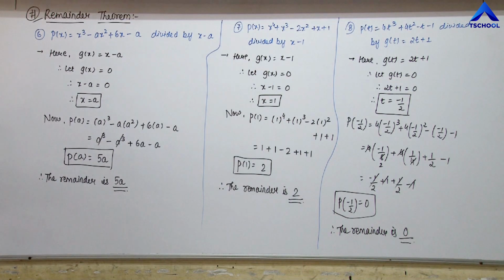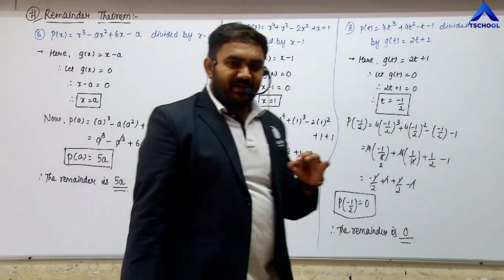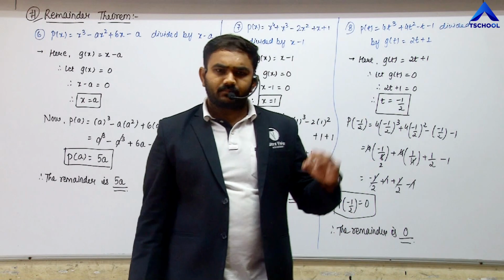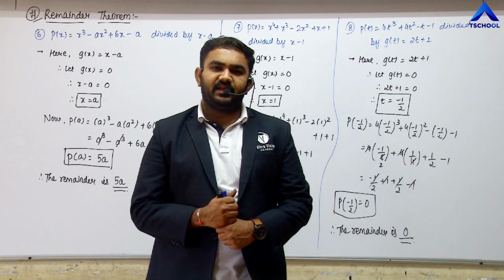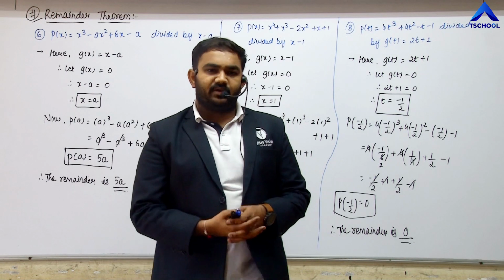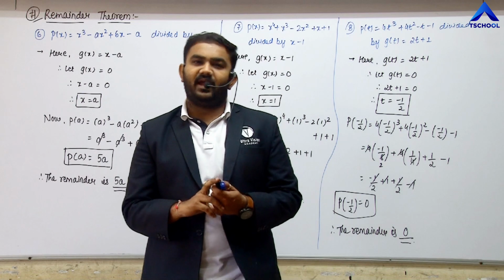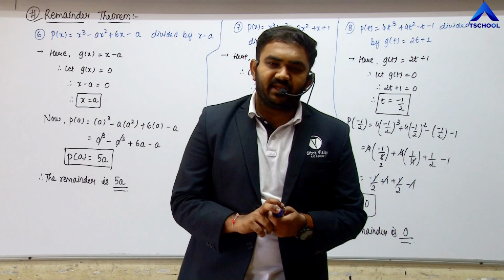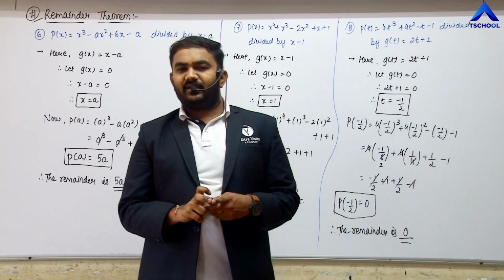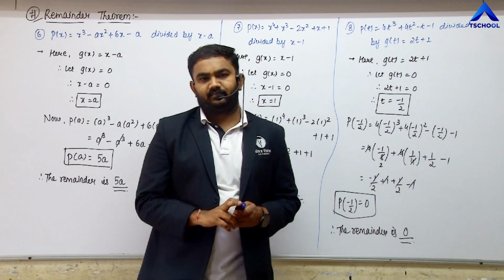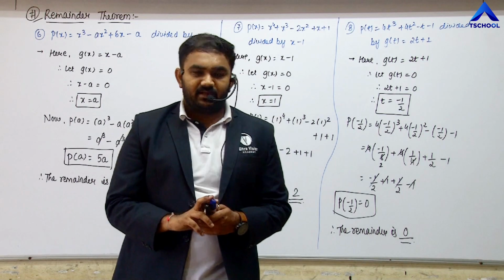Let us again see what the remainder theorem is. Let p of x be any polynomial of degree greater than or equal to 1. That means the dividend polynomial must have a degree greater than or equal to 1, and let a be any real number.